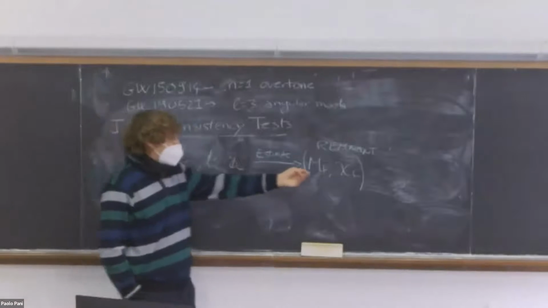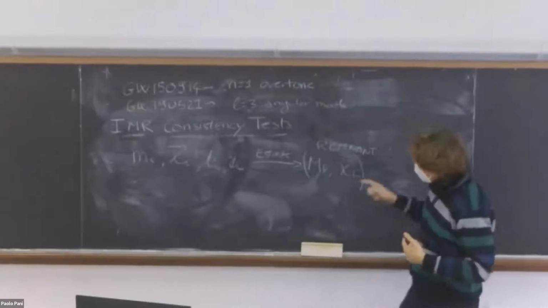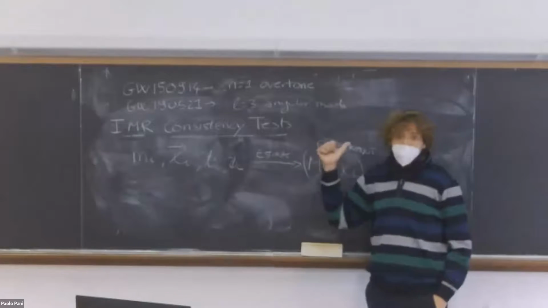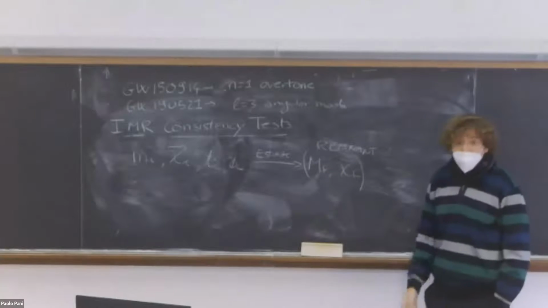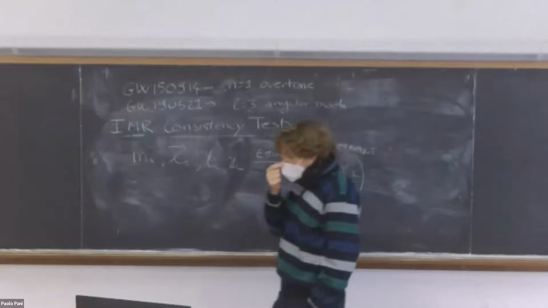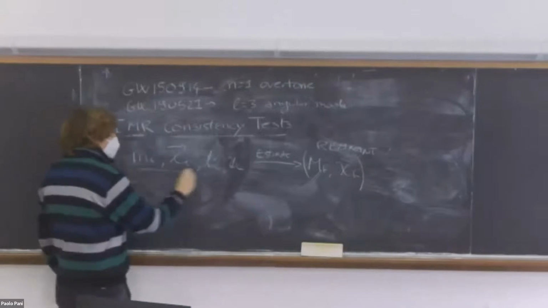Of course, I might have the same final mass and final spin for different binaries, so it does not go in the other direction, but at least it goes in this direction.